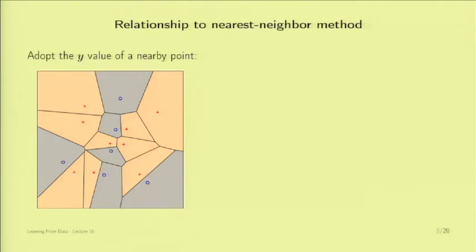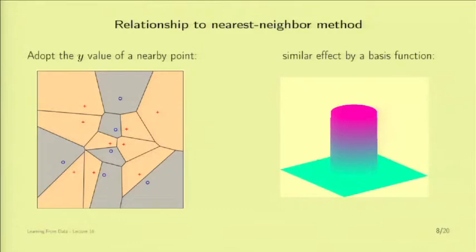Now, if you want to implement this using radial basis functions, there is a way to implement it. It's not exactly this, but it has a similar effect, where you are basically taking the influence of a nearby point, and that is the only thing you are considering. You are not considering other points. So let's say you take the basis function in this case to look like this. Instead of a Gaussian, it's a cylinder.